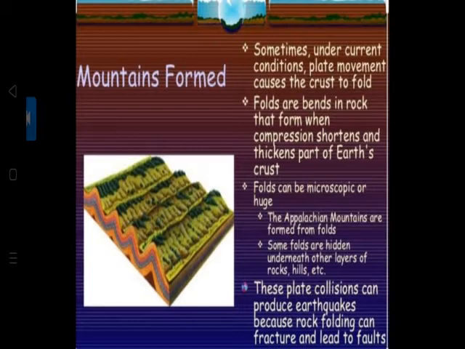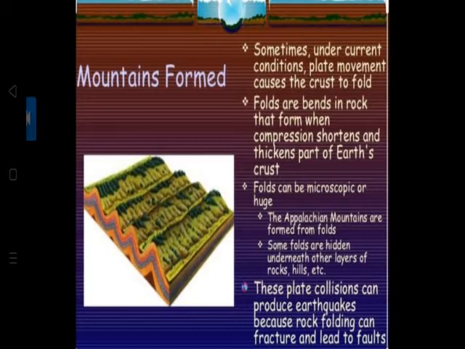So there is some internal activity happening. Compression takes place. It shortens and thickens the part of the Earth's crust where the bends take place. Folds can be microscopic or huge. The Appalachian Mountains, I repeat again, the Appalachian Mountains are formed from folds.